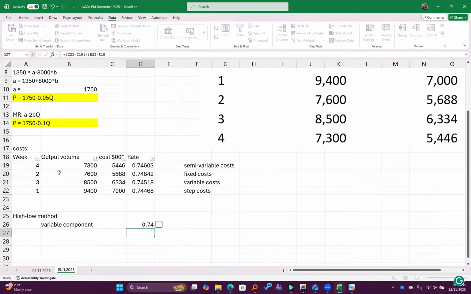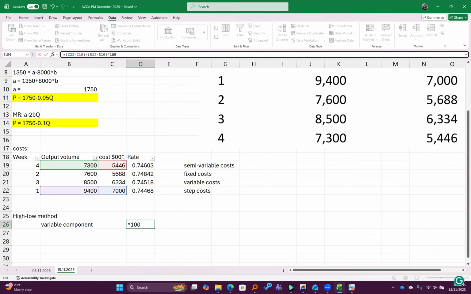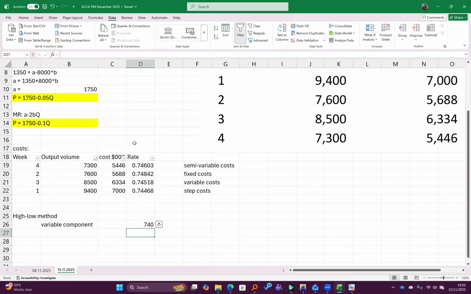So this gives us 0.74 as the variable component. But remember, these are thousands. So if I multiply this by 1,000, that becomes 740. So these are 740. That's the variable component.